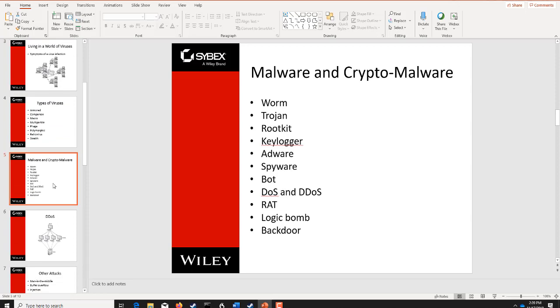Crypto malware and ransomware in particular is very problematic today because it is a leverage that an attacker has in order to extort payment from the victim.